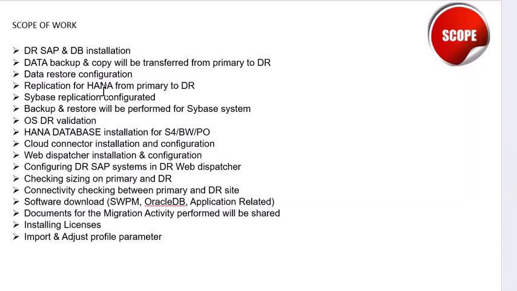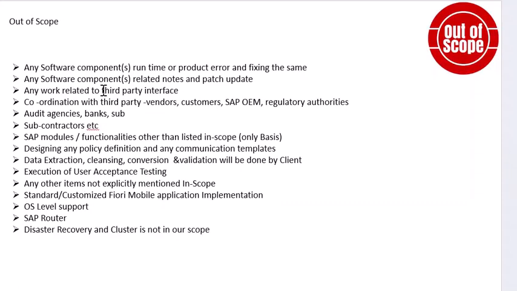Now we are talking about scope of work. At the same time we have to talk about out of scope, which will not be covered in your initial proposal, right? Any software components, runtime or product errors: fixing the same. So you have software but you have a runtime or product issue, then you are not agreeing to fix that issue.